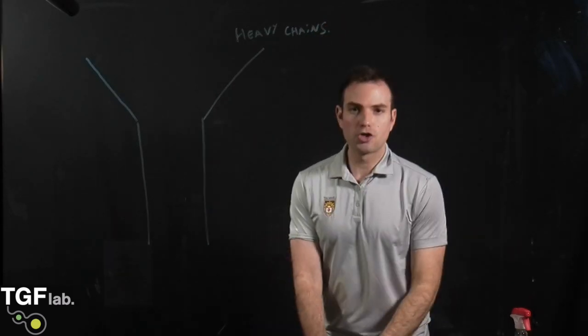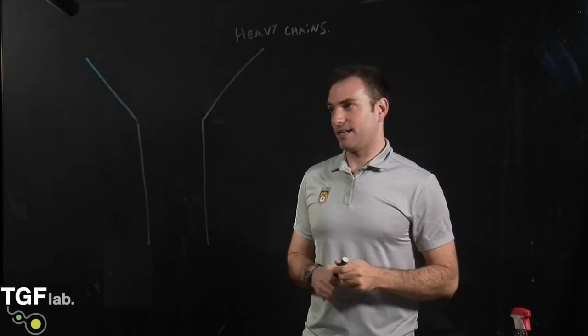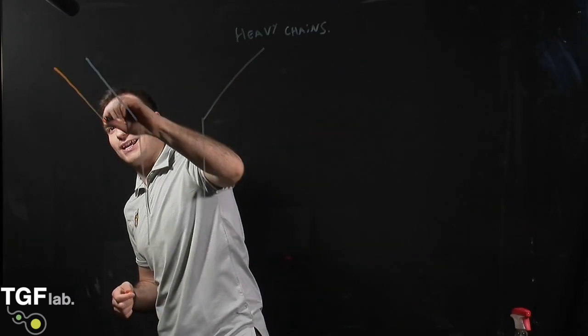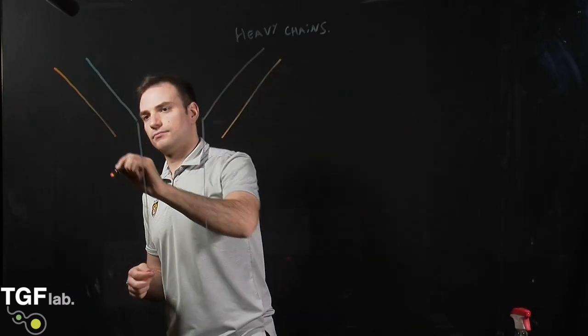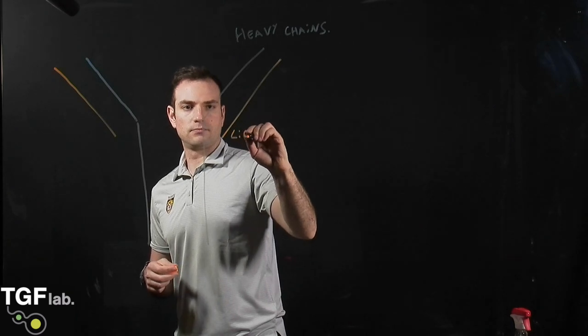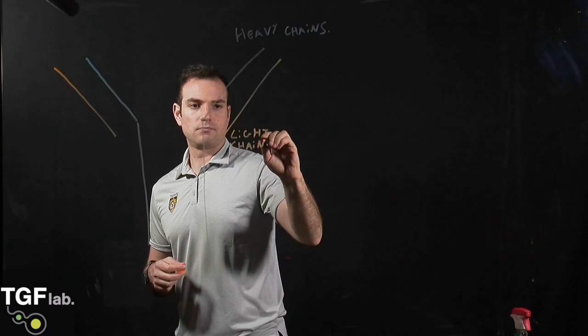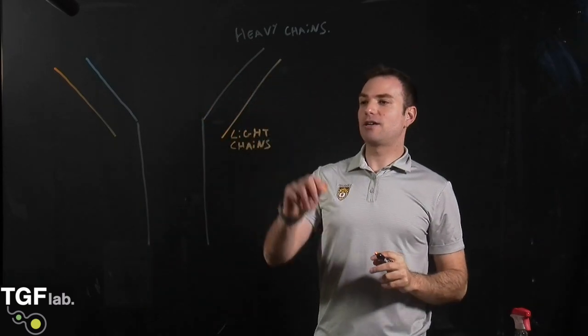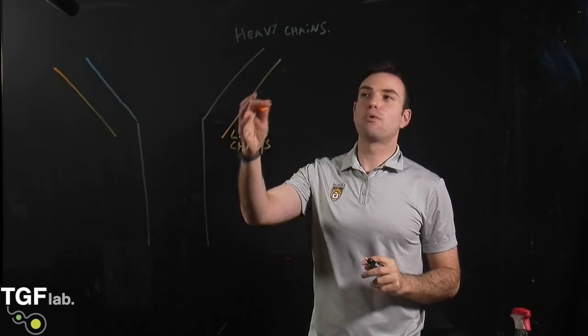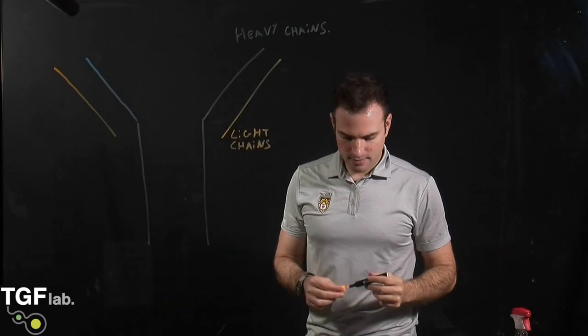And we are also going to have two lighter chains, two light chains. They are called light chains because they are smaller than the heavy chains.